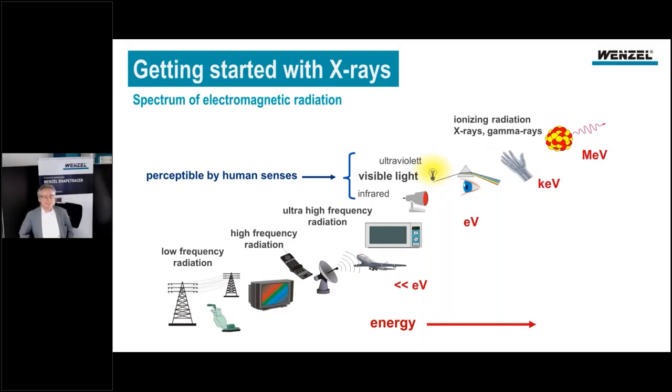So to bring us all to the same knowledge base, I prepared a slide about what X-ray is. So, getting started with X-rays. In principle, X-rays are part of the spectrum of electromagnetic radiation.